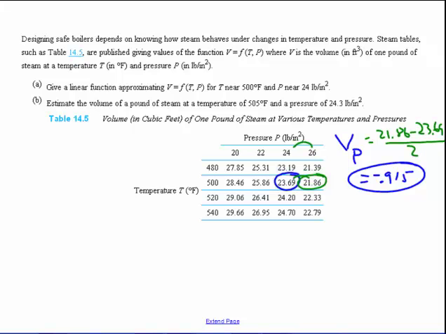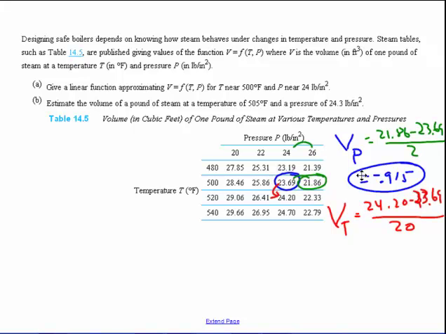Okay, well, what about as we change our temperature and keep our pressure constant? That's the partial derivative of volume with respect to temperature. And what we see is the volume goes up as our temperature increases.